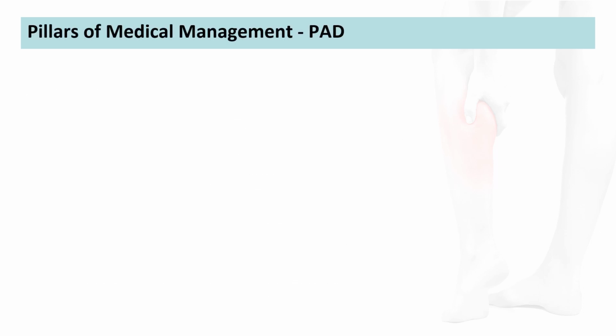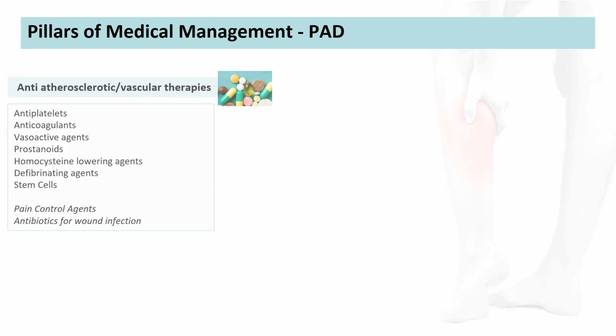And that's why the importance of medical management in chronic PAD becomes all the more important. Now, chronic PAD's medical management rests on three main pillars. One is the anti-atherosclerotic therapies or drug therapies that are directed at protecting your vessel, which would also include adjunctive treatments like pain control agents as well as antibiotics if there is a wound in relation to PAD.